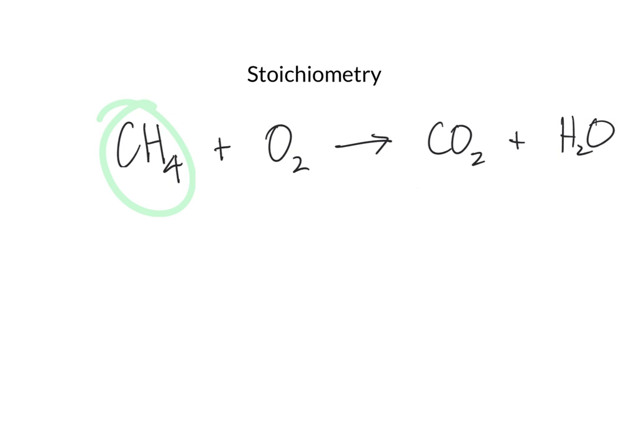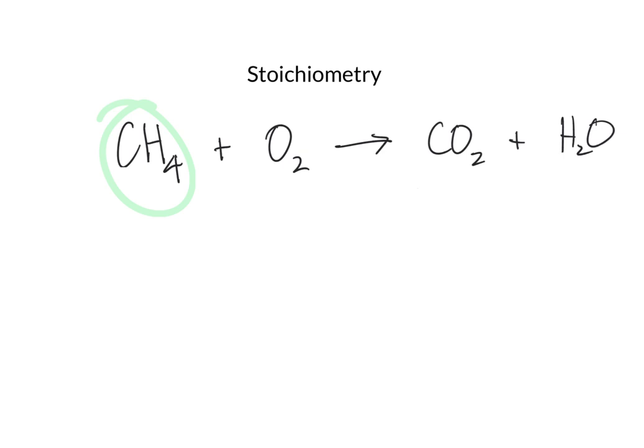And we might want to calculate how much CO2 we get, how much oxygen we need, or how much water might be produced. We can calculate any of those things using stoichiometry. But before we can actually do the stoichiometry, we have to have a balanced equation. So let's balance this equation.